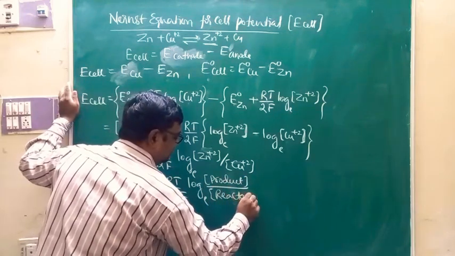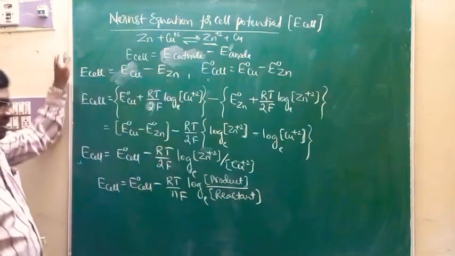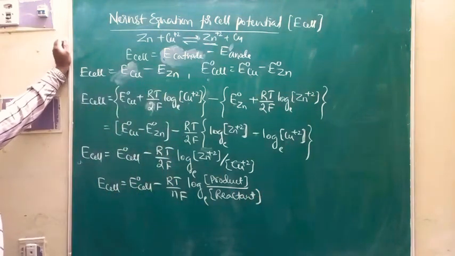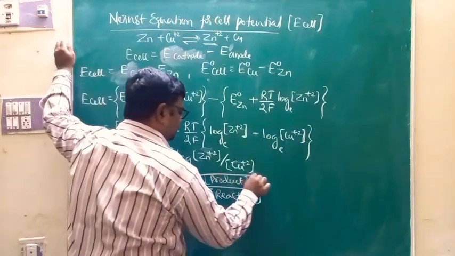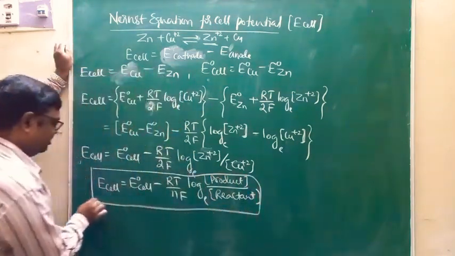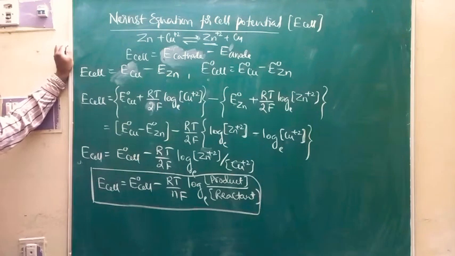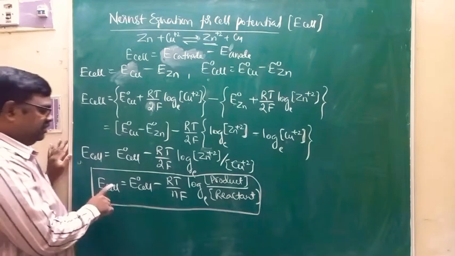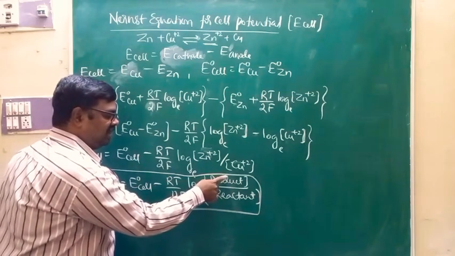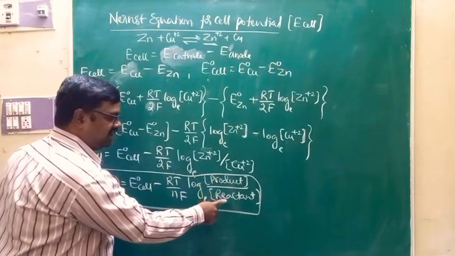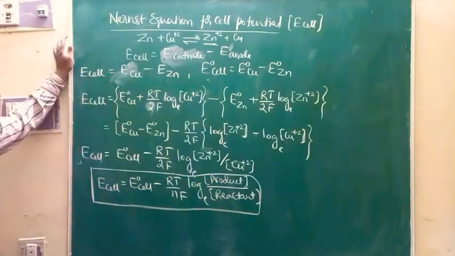This is the Nernst equation for cell potential for a given galvanic cell. By knowing E0 of cell, temperature, and the concentration of ions in the product and reactant, you can determine the cell potential.